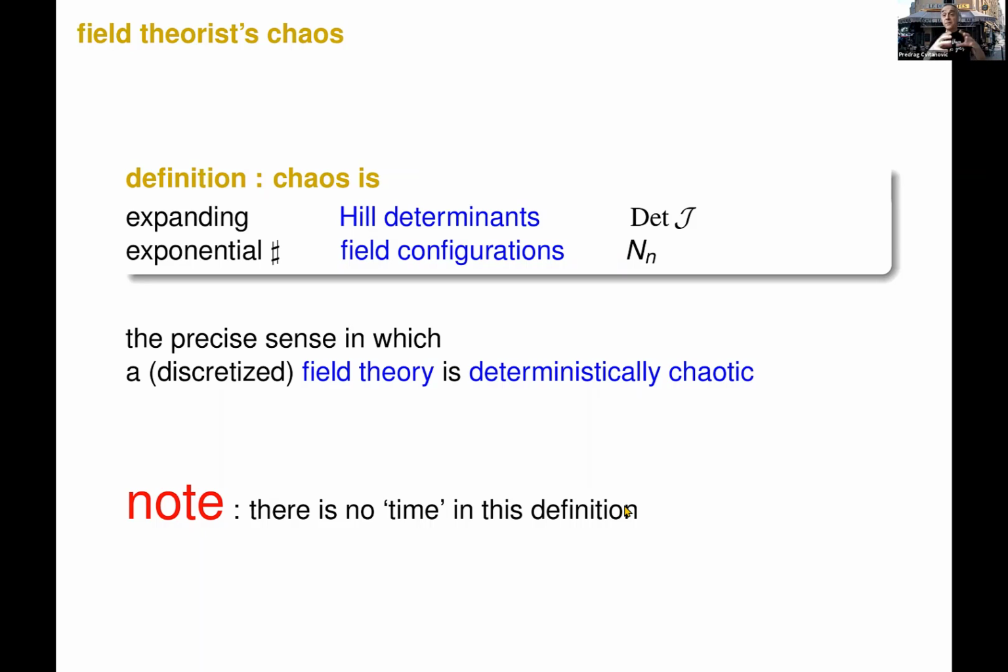And an exponential number of different configurations for any compact sublattice of the system. And this is the precise sense in which deterministic field theory is deterministically chaotic.